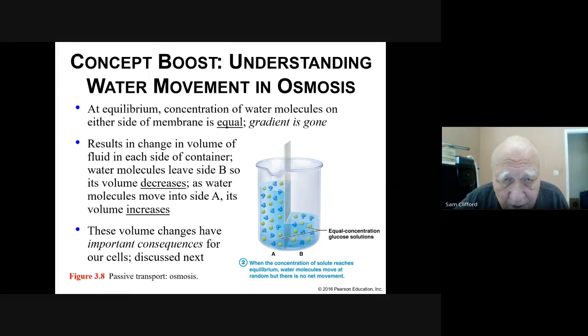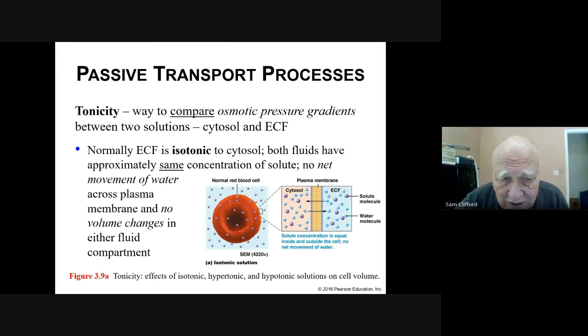Volume changes can occur when water moves in and out of cells. That's why it has to be regulated. So, for instance, if you put a red blood cell in isotonic solution, meaning that the concentration is the same inside the cell and outside the cell, it'll be equal movement into the cell and out of the cell.